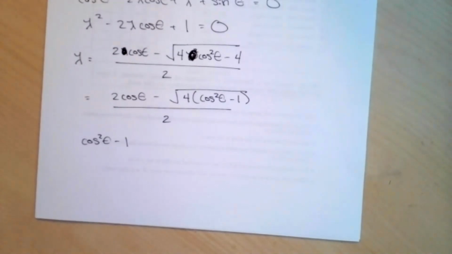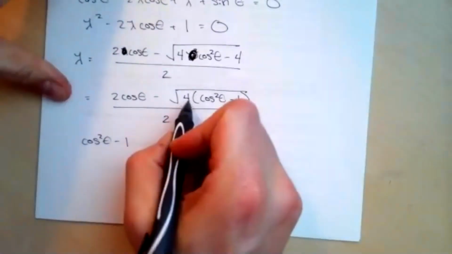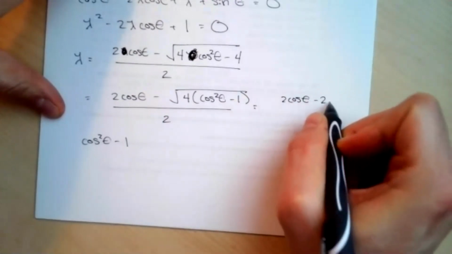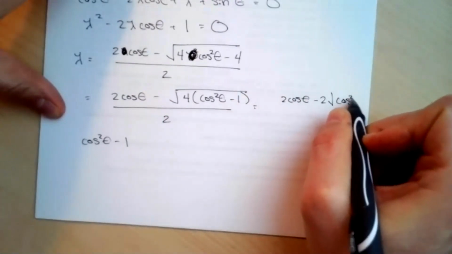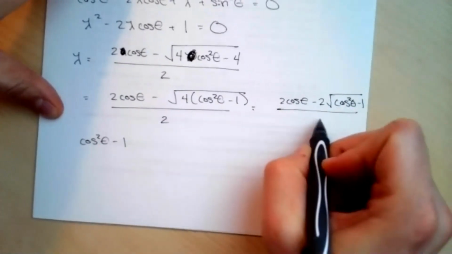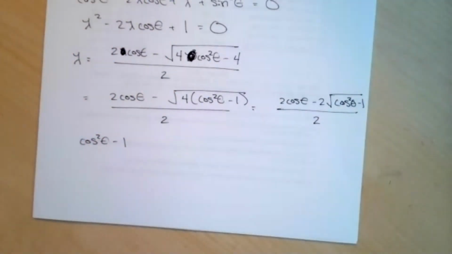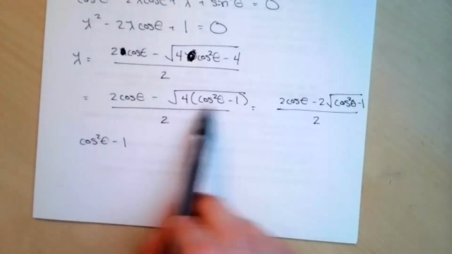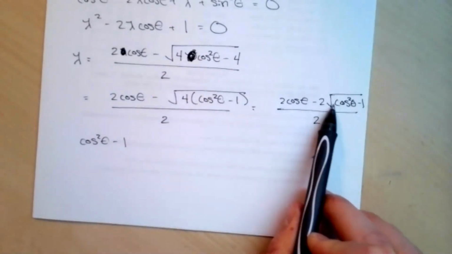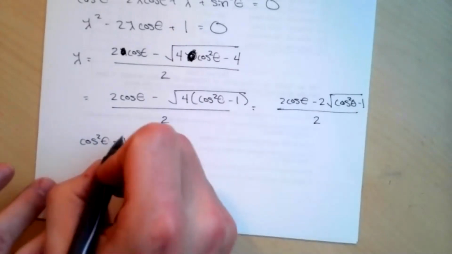It's underneath the square root. How do we determine the solutions to a quadratic equation, especially over the real numbers? We are looking at the discriminant, so the term underneath the square root, which we can reduce down to cosine squared minus 1.